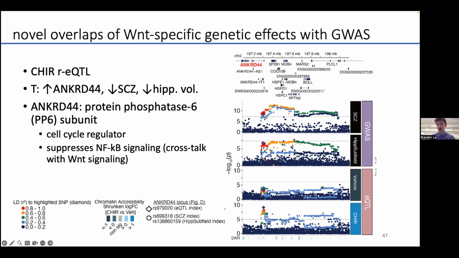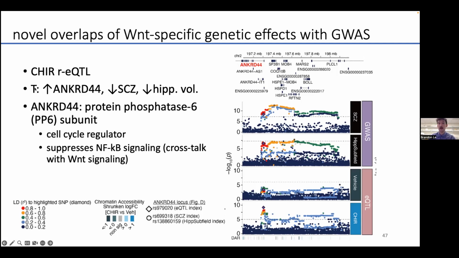So at this locus, we could start to understand that potentially the effects of these variants on these complex traits may be mediated through ANKRD44.